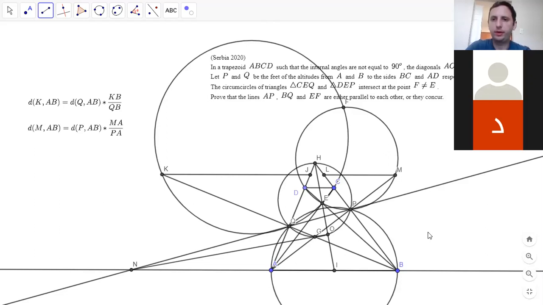Yeah, so what if we drew this parallel line here and we let it intersect PN? Oops. Sorry.